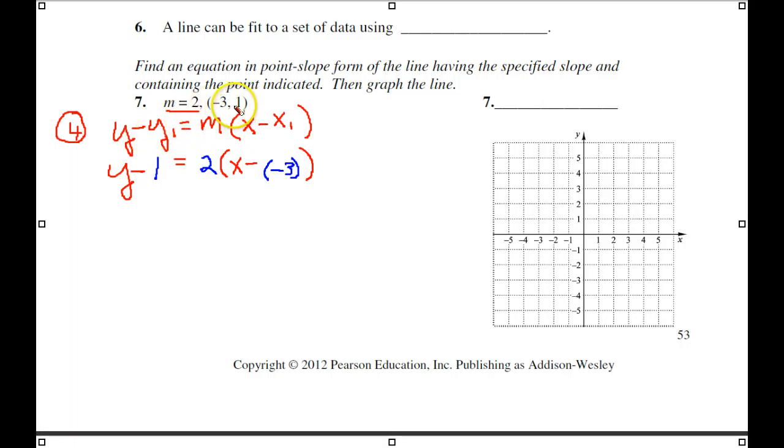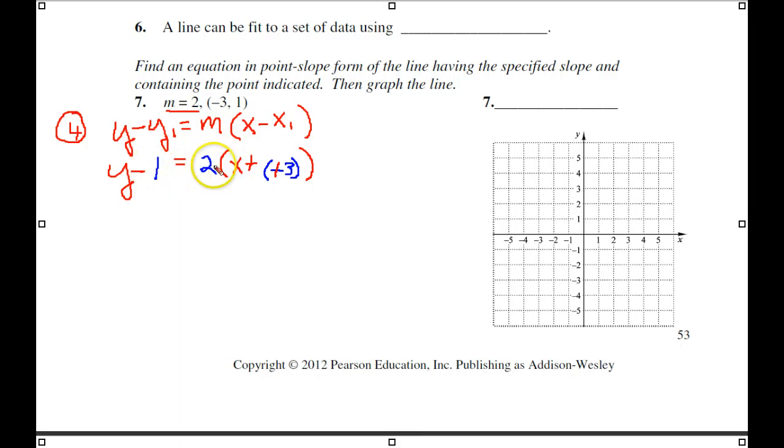Now my y sub 1 is a 1, so in the formula I put a 1 there. My x sub 1 is a -3. So in the formula, notice I've put it in parentheses because there is a negative in the formula, and watch what happens. The opposite of a negative will make this a positive. So we'll need to keep that in mind. And I put in the slope.